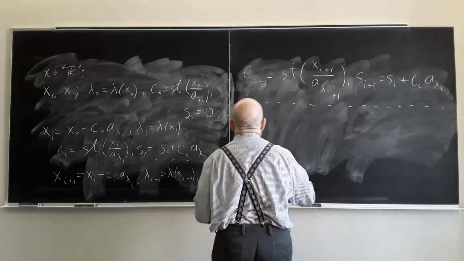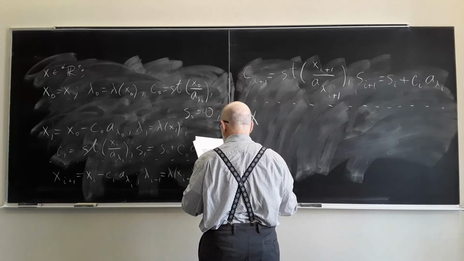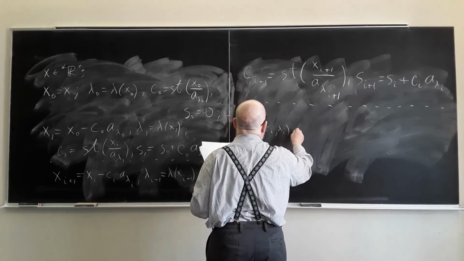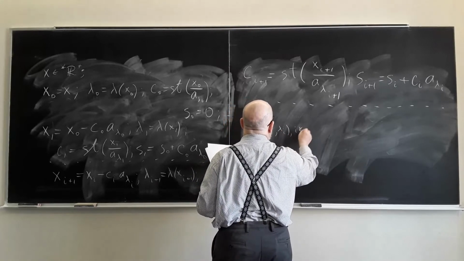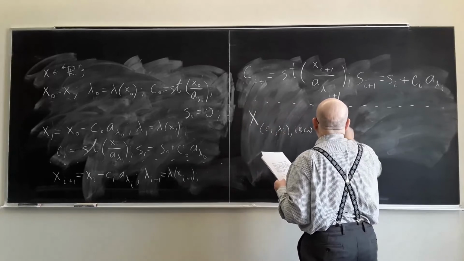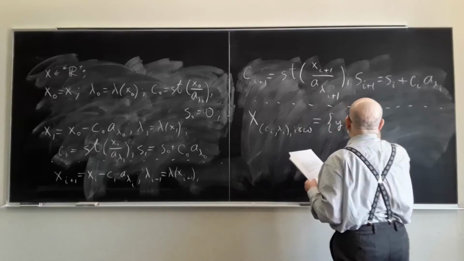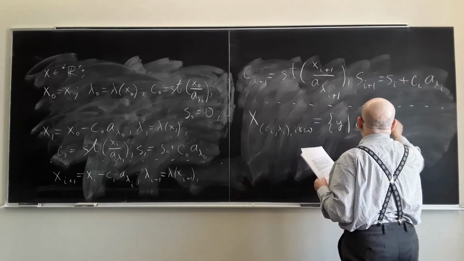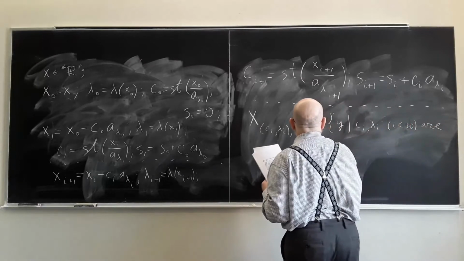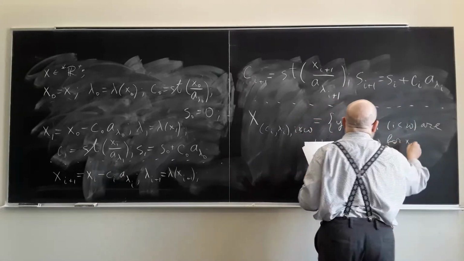Yes, so we define the set X of ci, lambda i, i less than omega, as all y such that ci, lambda i, i less than omega are the same as for x.